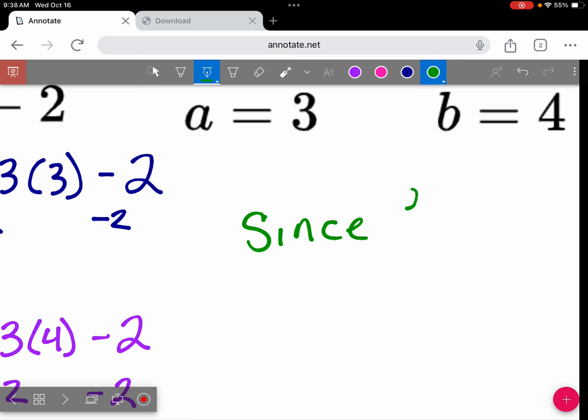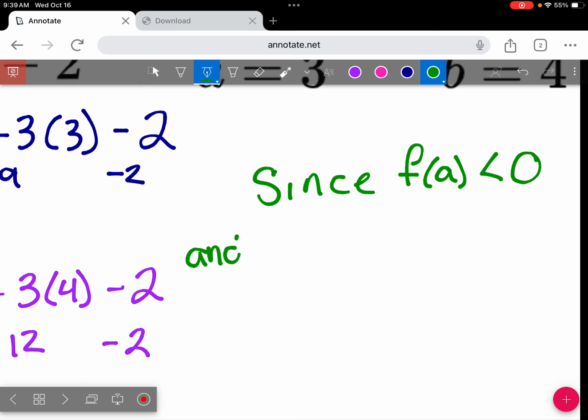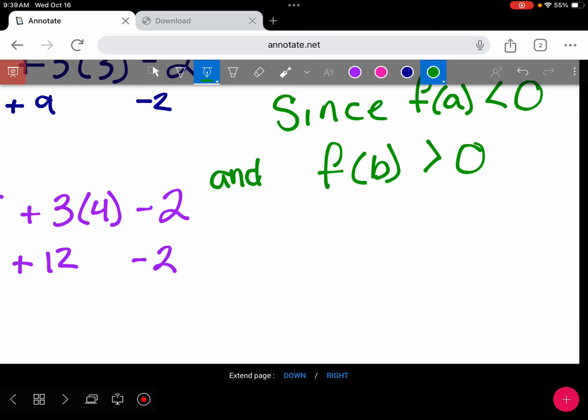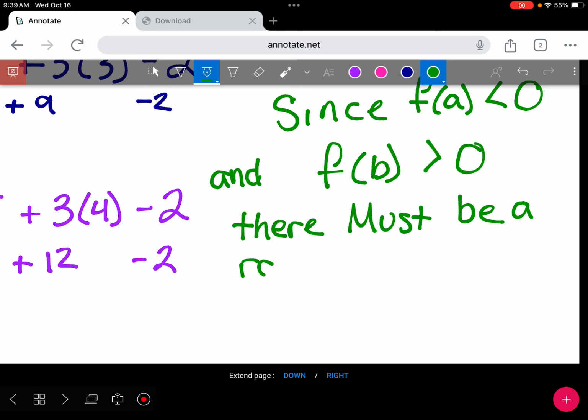Since our f of a is less than 0, because it's negative, and f of b is greater than 0, there must be a root between a and b.